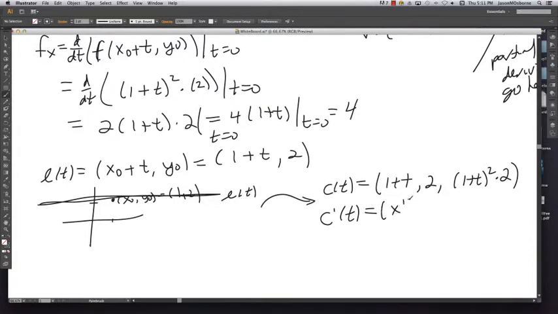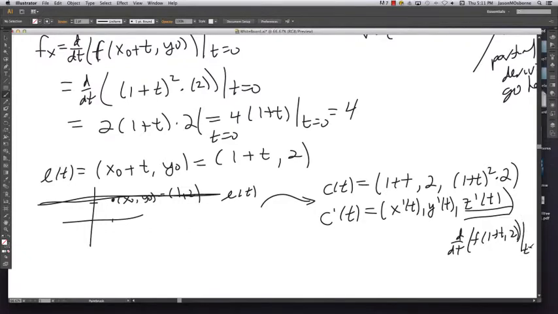That would be x prime of t, y prime of t, z prime of t. That z prime of t is what we've got here, the derivative of the function. This right here is the derivative with respect to t of this function evaluated at 1 plus t comma 2, evaluated at t equals 0.